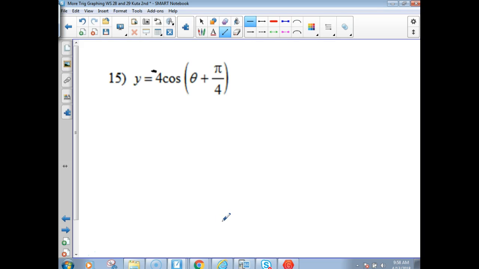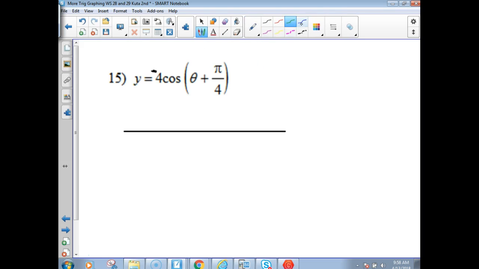Okay, this is number 15 on 29, I believe. Yep, 29A. I'm going to start by making my x-axis. I'm going to look at what the shift and all that stuff is here. The negative sign tells me I have to reflect it.